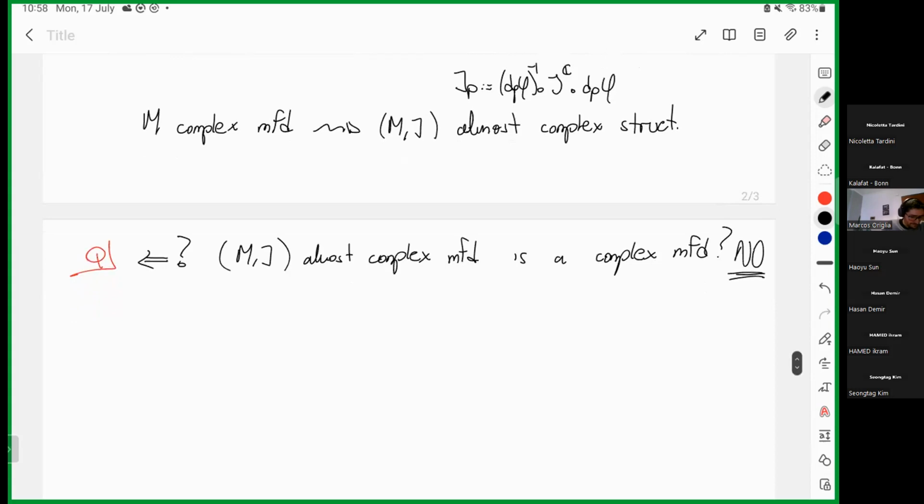And in order to tell you what this condition is, let me define what an integrable almost complex structure means.